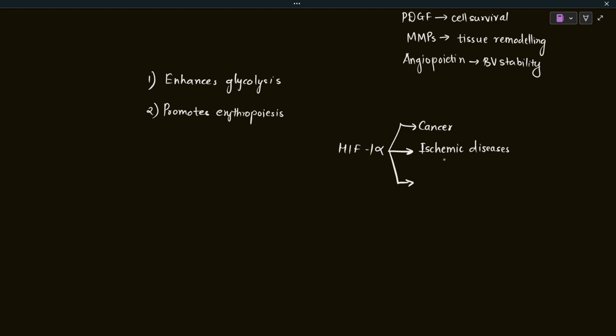This is also upregulated in pulmonary disorders, because in pulmonary disorders there will be chronic hypoxia. Okay, and that is going to activate the HIF-1 alpha, and this is going to contribute to pulmonary hypertension.